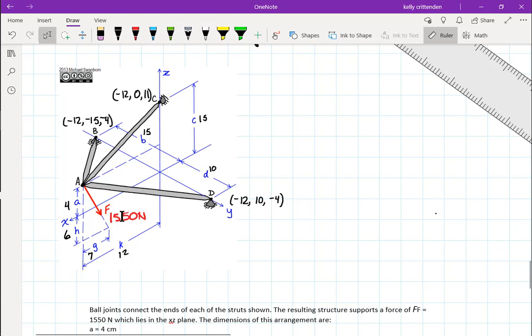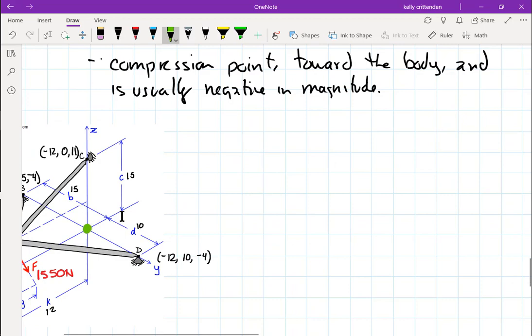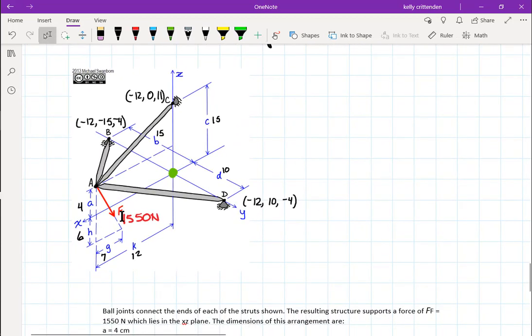So here, this one's one of the harder ones in WebWork in that, oh, turn the ruler off, there we go, in that it is a little bit misleading. So they've got an X, Y, Z coordinate system shown with the origin here, but that's not where all of your lines of action intersect.